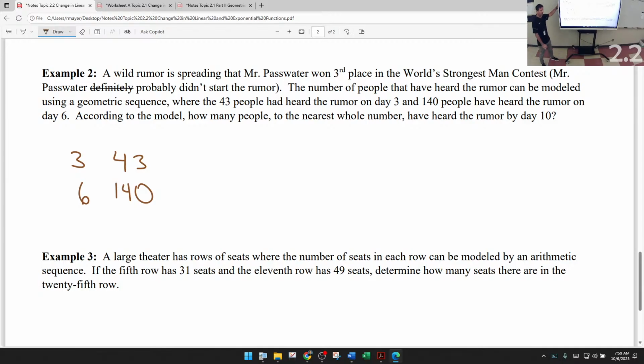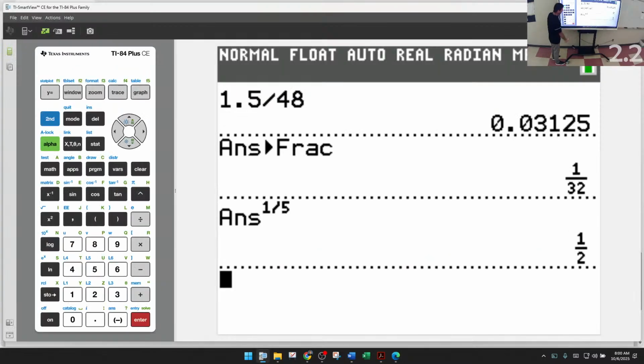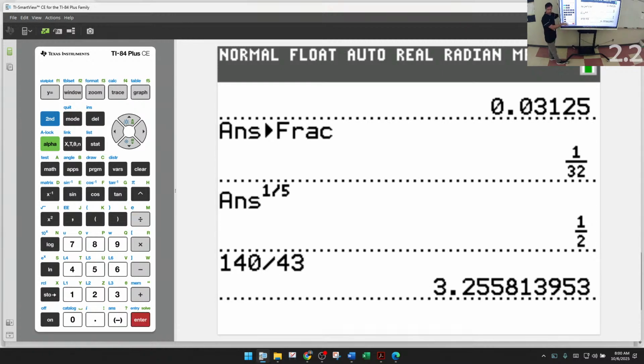And so for R, we're going to divide and then take the cube root of it. And these are not going to be pretty because these are word problems. So we're going to take our little calculator, take that 140 and divide it by the 43. Get something pretty nasty.